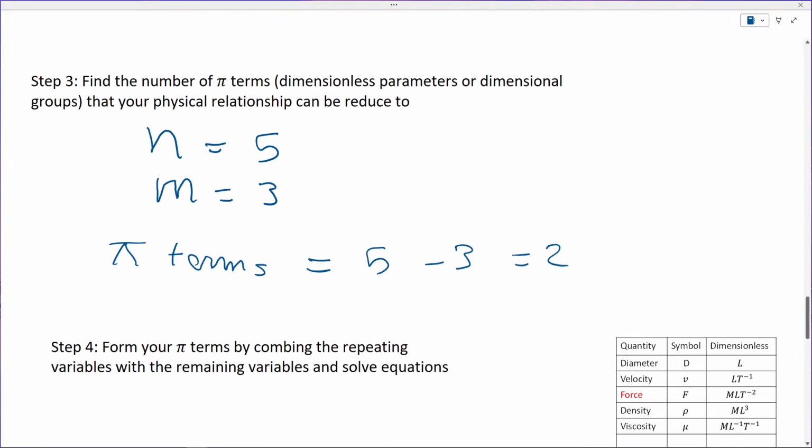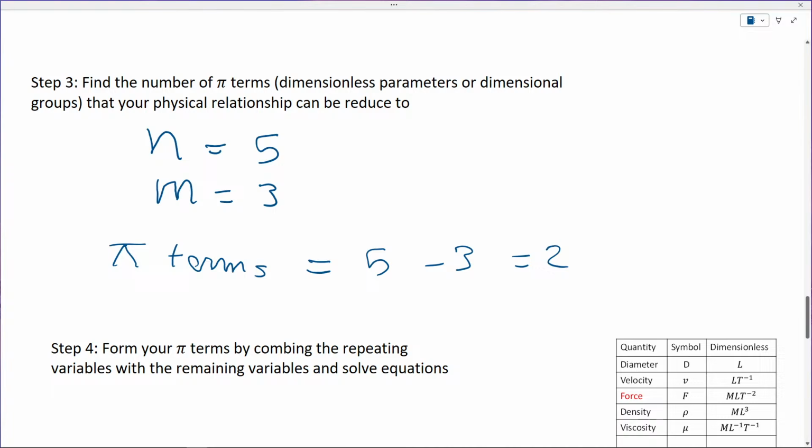Let me write them here. The parameters are the drag force, D, V, rho, and mu. And the 3 repeating variables that I chose are D, V, and rho. So this is 5, and these are 3.